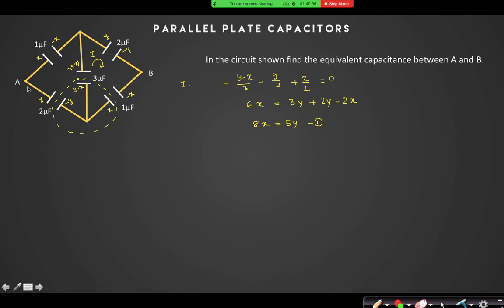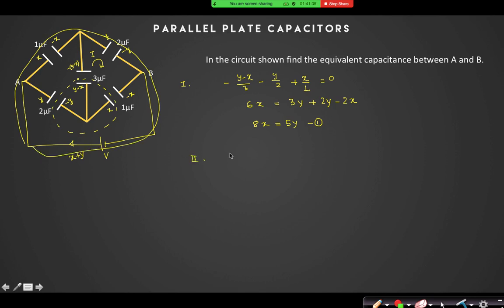But now what I will do, I have assumed that there is a battery connected, V. So what is the total charge sent by the battery? Is it x plus y only? So if it is x plus y, can I draw another equation for this bigger loop? Can you see this bigger loop?